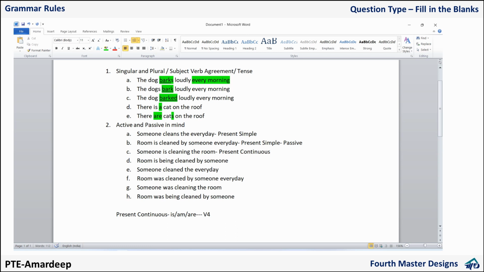This is present continuous, and here we have exactly the same thing, present continuous but passive.